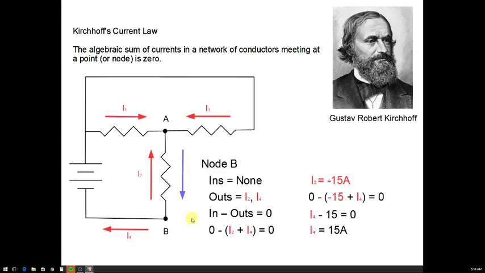So a lot of people will state that the current is flowing this way, or that way. It's actually referenced that way when we apply Kirchhoff's current law. And if we have every reference correct, they'll all be positive. But in this case, this one was referenced in the opposite direction of the actual conventional current flow. So that's why it became negative.